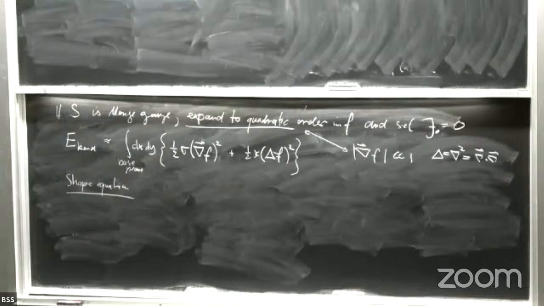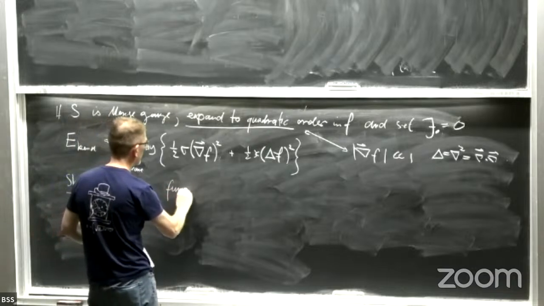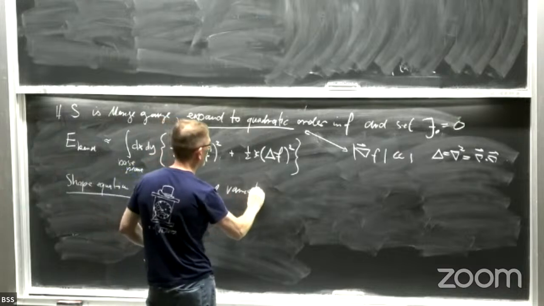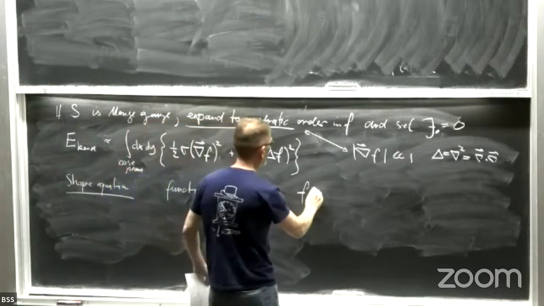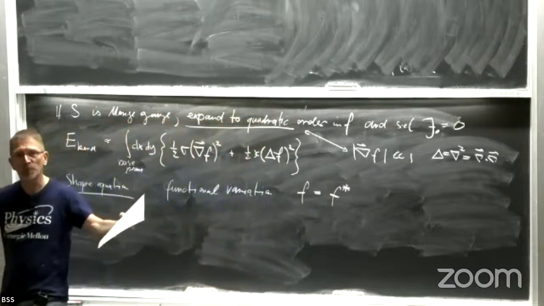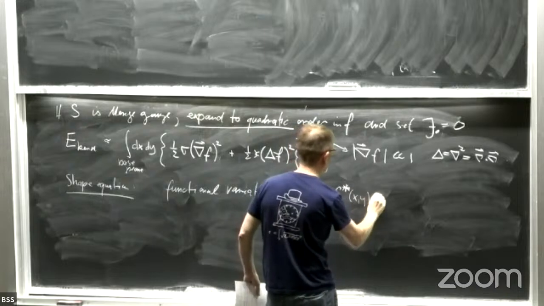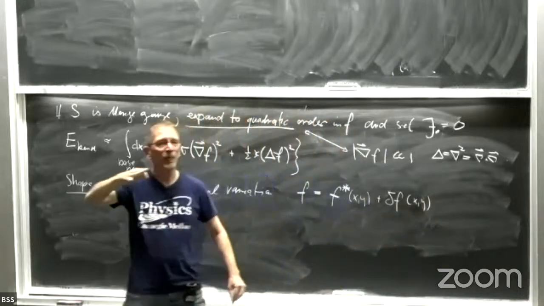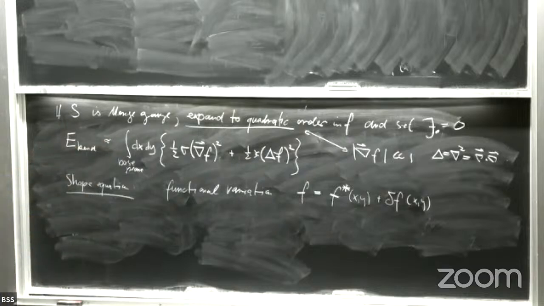The way to do this, of course, as many of you know, is to do functional variation, where you write your shape f as some optimal solution f star, the idealized perfect shape, plus a little wiggling around it. And that wiggling is not just a little shift up or shift down, that's a wiggle that's position dependent. So you take your surface and wiggle it into something else.